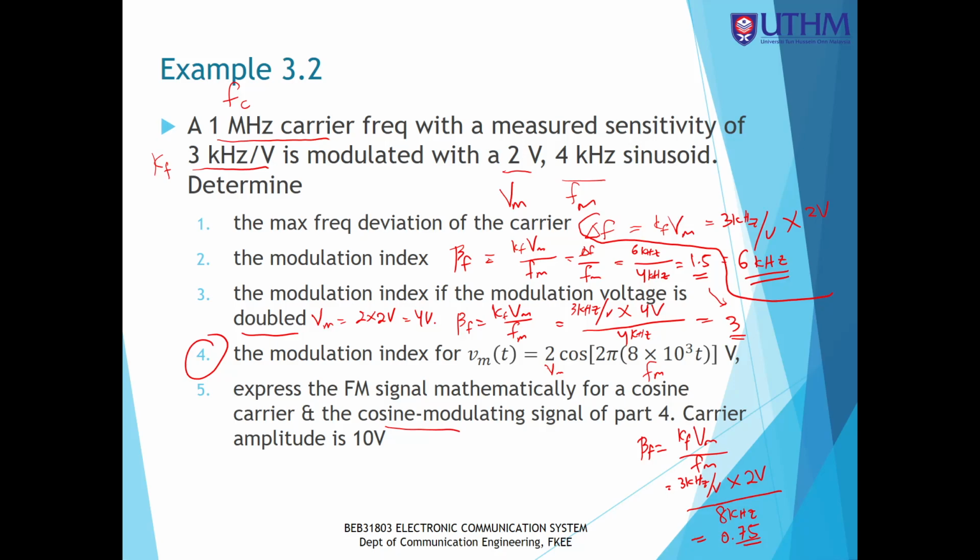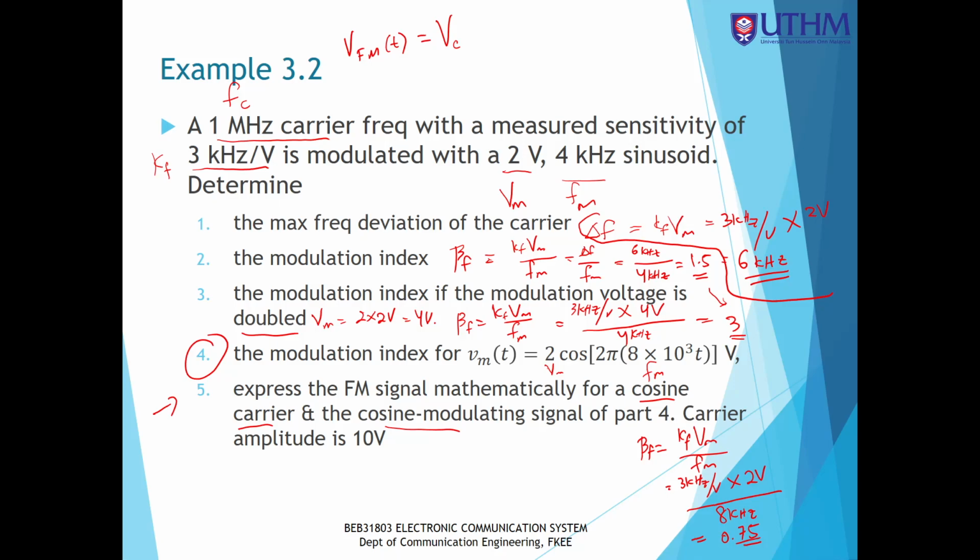So for this number 5, you need to understand the FM general equation. Remember V FM(t) is equal to Vc sine something, but remember the question said that you are given in terms of cosine.